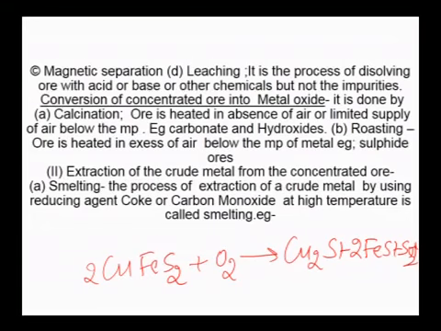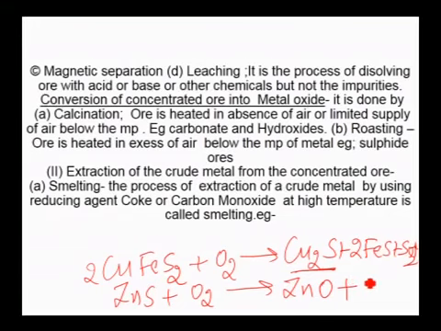So in this method also, sulfide ore is converted into its oxide form. Let us see another one, ZnS on roasting with excess of oxygen is converted into zinc oxide plus SO2. Hence in the roasting method, sulfide ores are generally converted into their oxide ores.